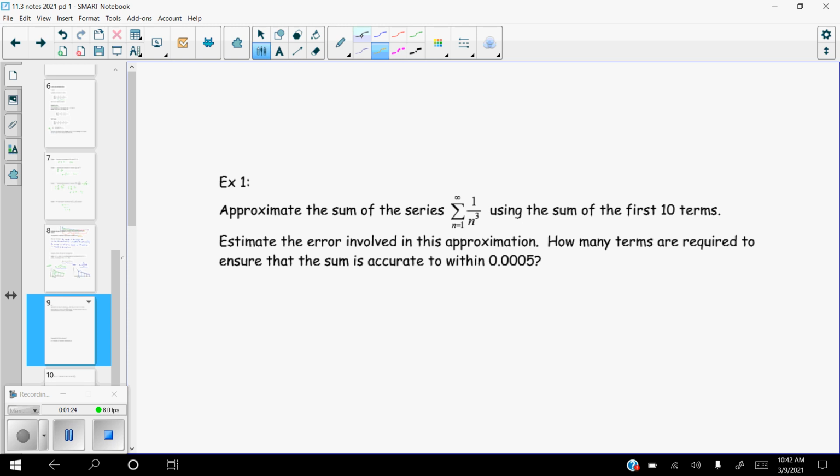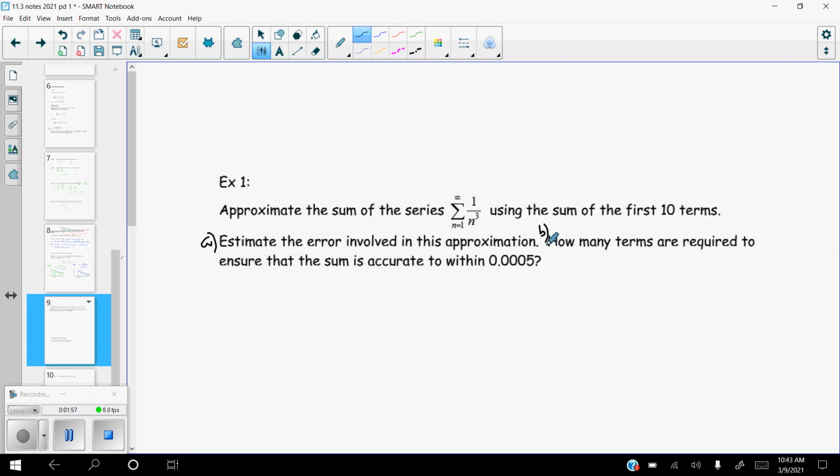Really this should say part A right there, and then this right here is part B. Part A says estimate the error involved in this approximation, and then part B says how many terms are required to ensure that the sum is accurate to within 0.0005, to within 5 ten-thousandths.